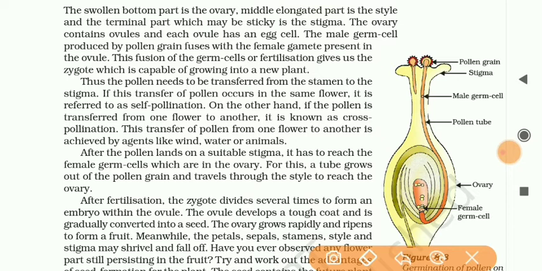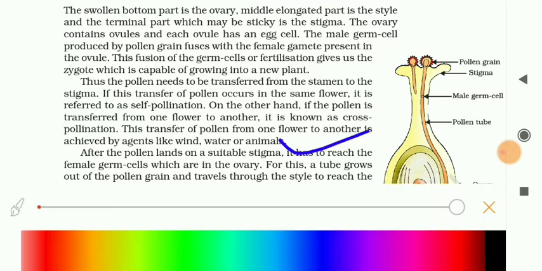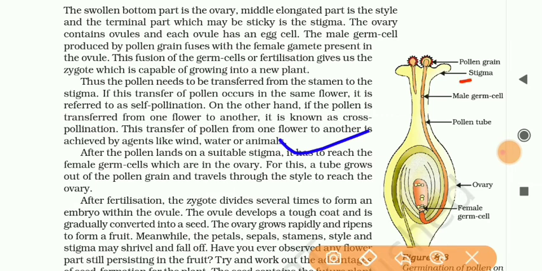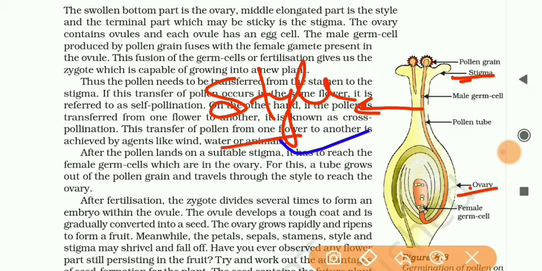While if we talk about the female part, the female part has the pistil or carpel, and it has three parts: stigma, style and ovary. If you look at this figure, you can see stigma, ovary, and the region in between is the style.